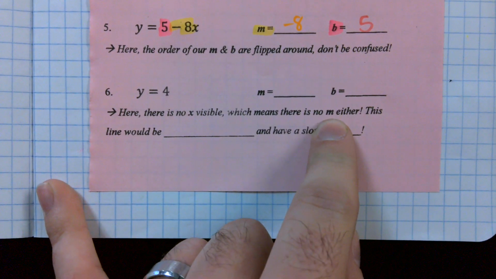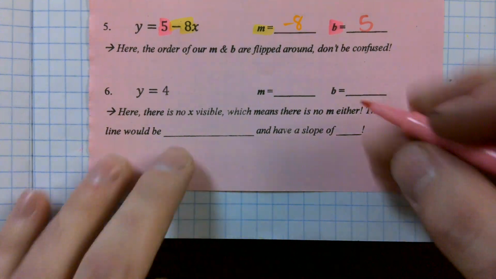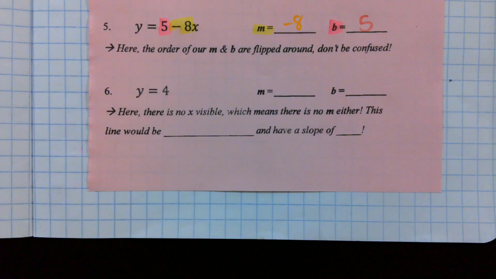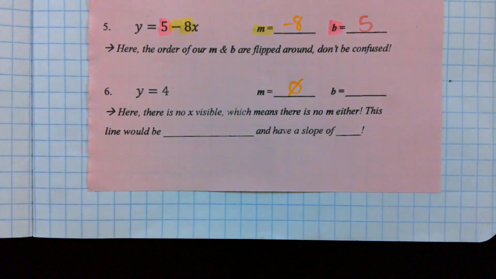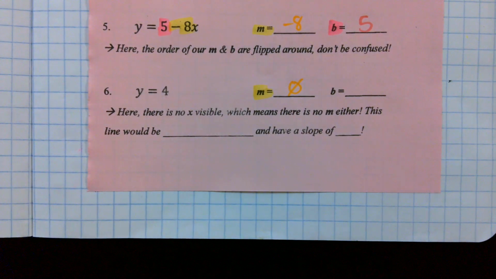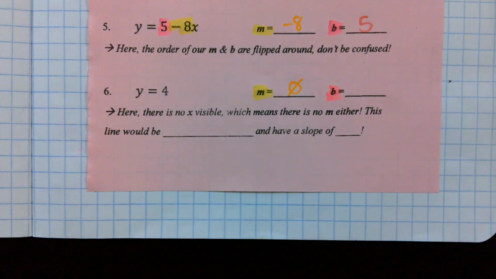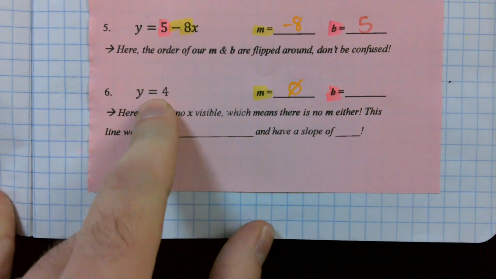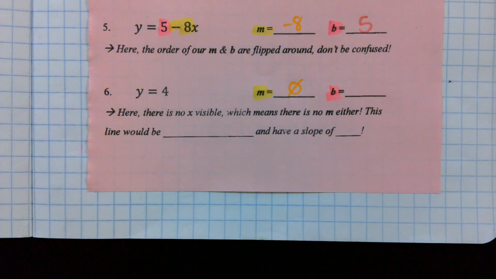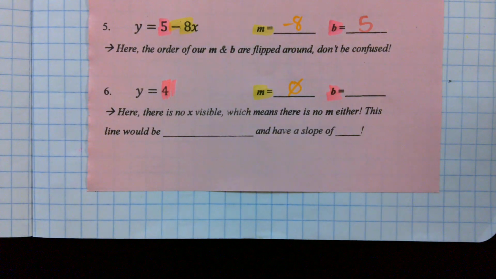If I have no slope, what is my slope actually going to be? Not undefined, it's going to be 0. And we see that 4 all by itself. Because there's no x behind it, that just means that's our b. So that would be 4.